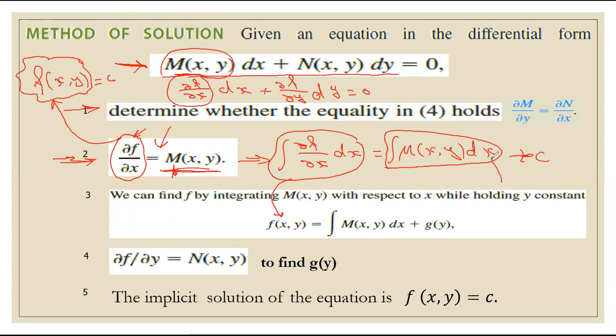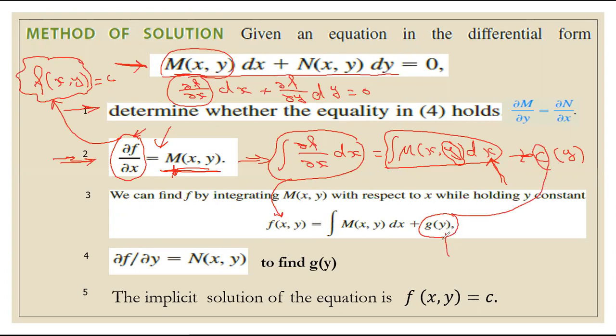And because your integration is with respect to x, that means this y is constant. So the constant which you need to add must be a function of y, because your y is constant. So the idea here, I wrote g(y), which is my constant.